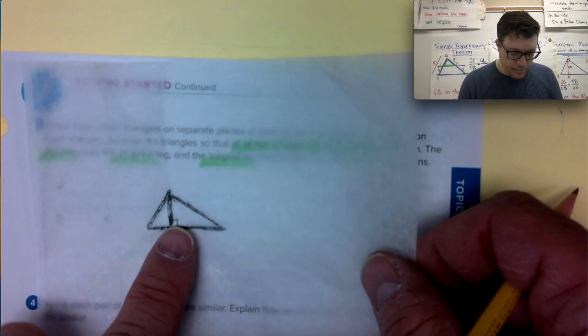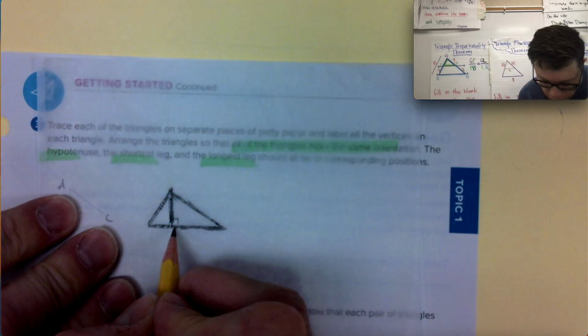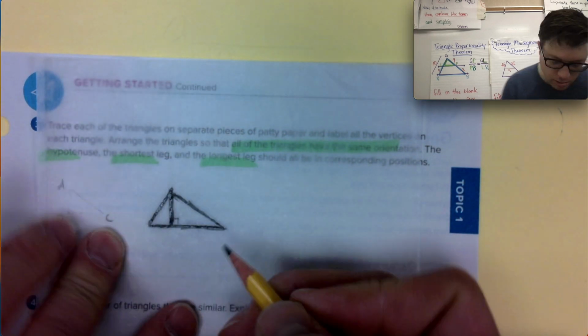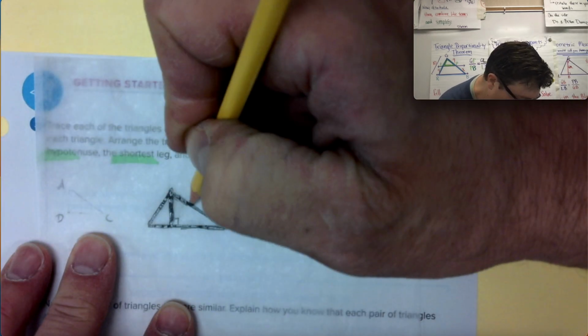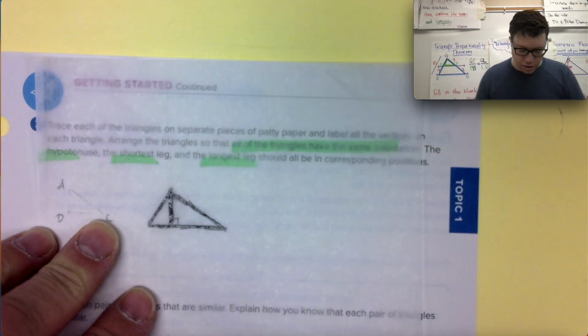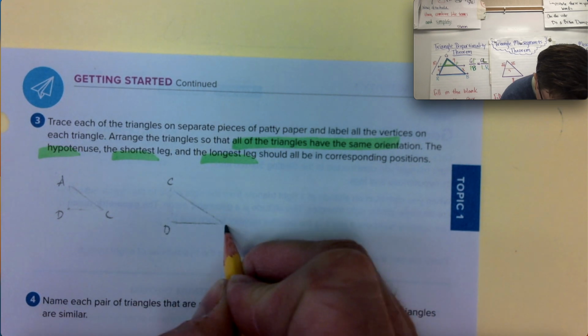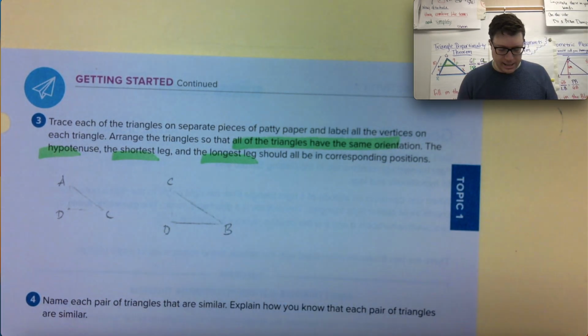Now I have my medium triangle. And my medium triangle, pushing it over just a little bit, the short leg of the medium triangle, the long leg of the medium triangle, and the hypotenuse of the medium triangle. And because of the way I thought about the letters intentionally, C, D, B. And now last of all, the big triangle.